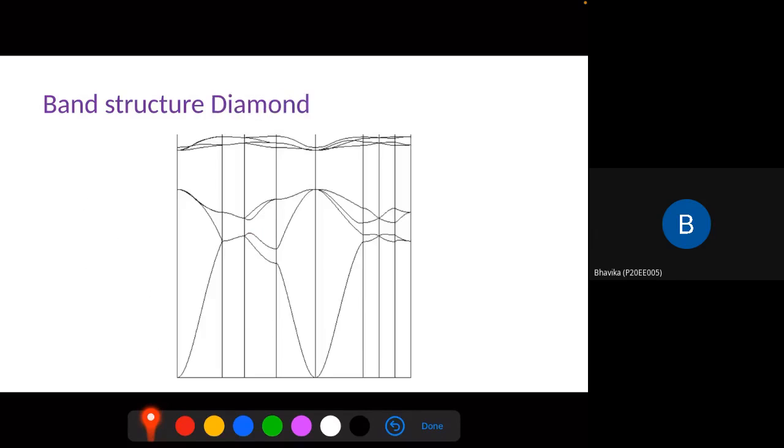I do not really want to go into the discussion of band structure here.